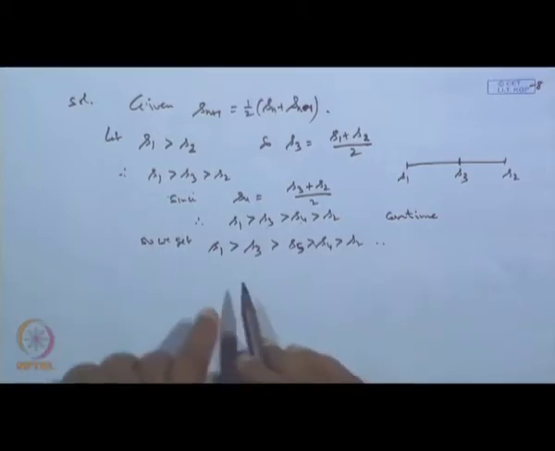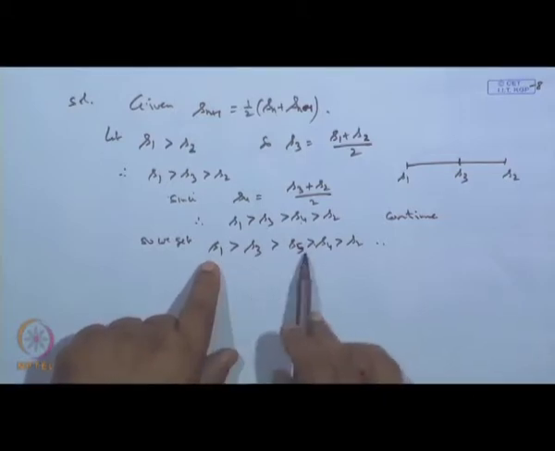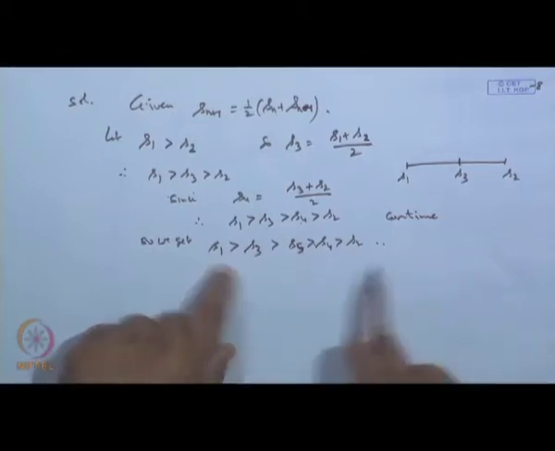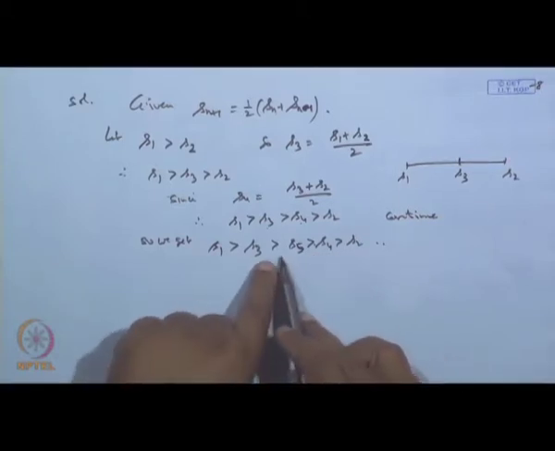So, what we get is that when the suffixes are odd, S1, S3, S5, it is decreasing. When the suffixes are even, it is increasing, S2, S4, S6 and so on.